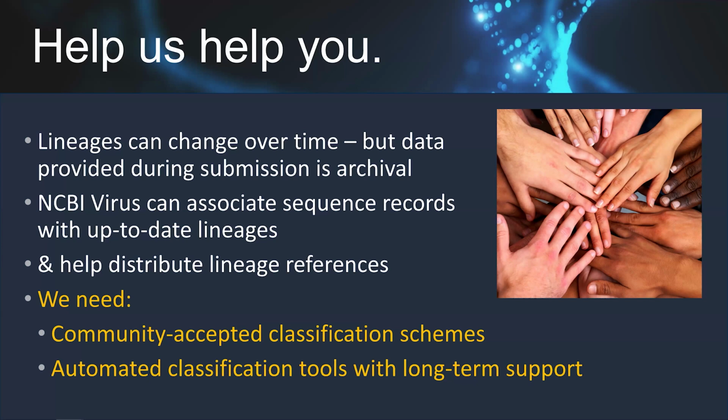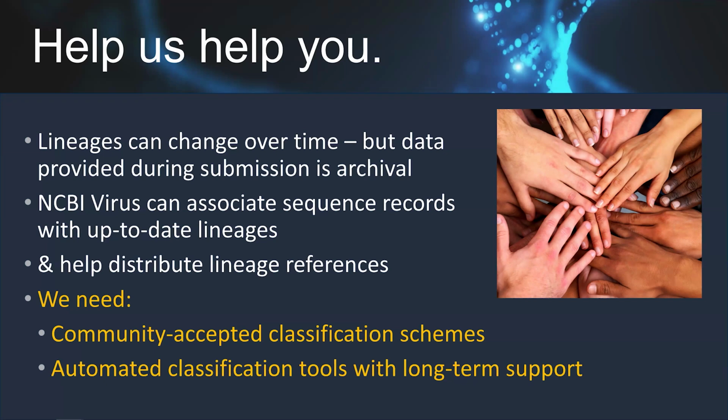So a good place to put classification information might be NCBI Virus, but we need an automated way to get the lineages. And we can help to distribute the lineage references also, as long as they are not consensus, but actual records. In order to do this, we need to have community accepted classification schemes, so wide levels of acceptance to show that there is actual desire and interest in having the data available.